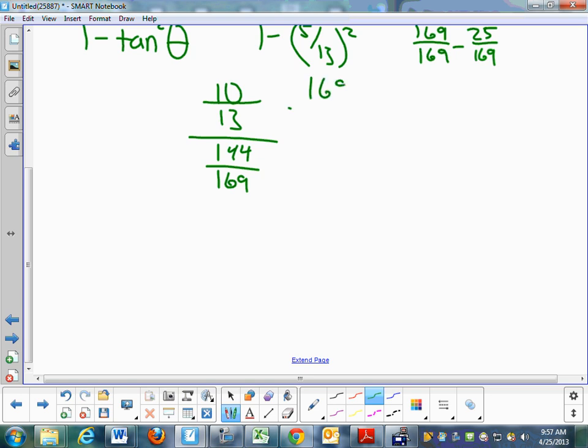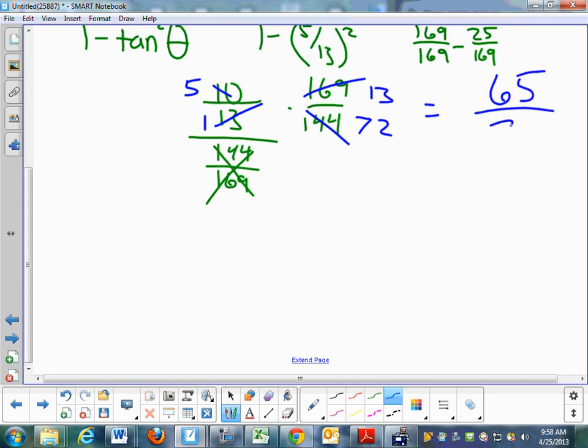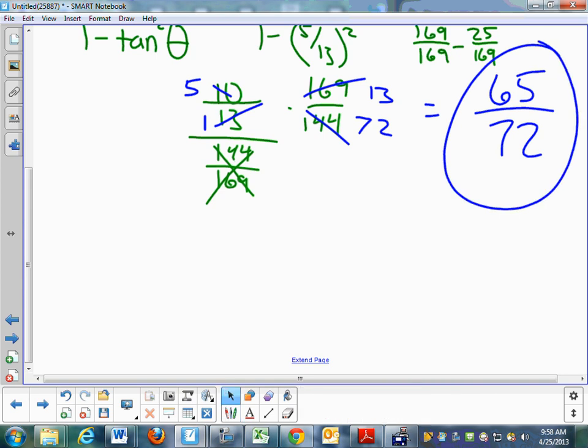Multiplied by the reciprocal, 169 over 144. Let's see, the 10 and the 144 reduce to 5 over 72, and the 169 over 13 reduces to 13 over 1, and I get 65 over 72. Bada bing, bada bam, bada booski.